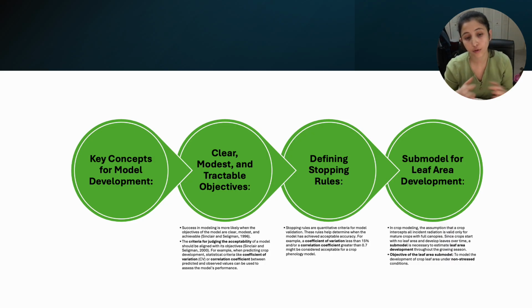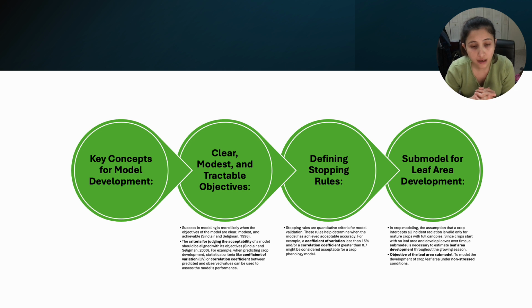The key concept for the model development is we need to make sure that we have modest, clear, and really tractable objectives. Usually, the success in crop modeling is more likely when our objectives are really clear. This is according to Sinclair and Seligman, 1996.